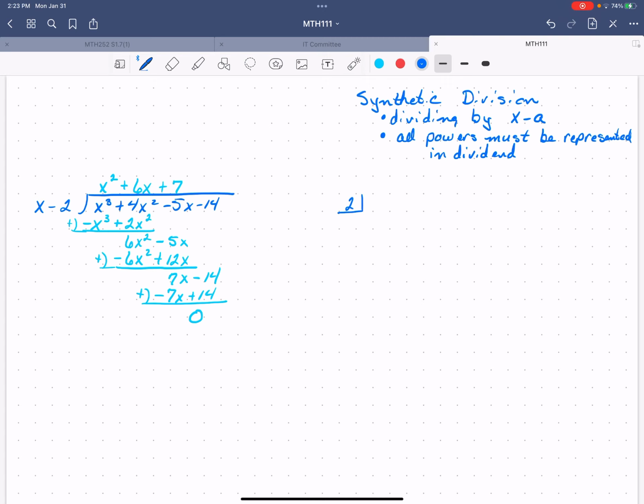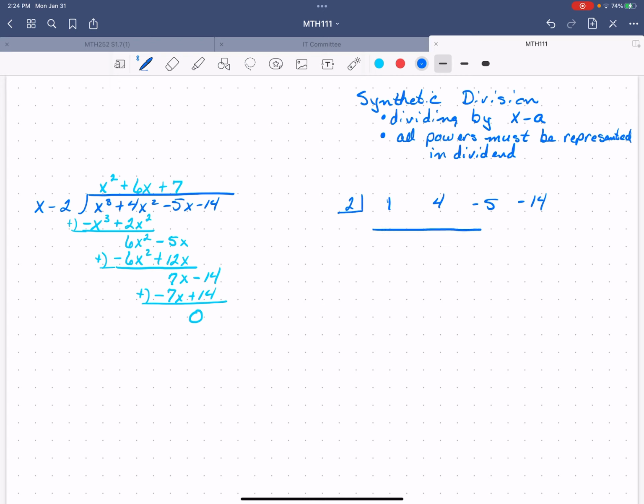And now I think about my x to the third plus 4x squared minus 5x minus 14. But I'm only going to keep the coefficients. So I've got a 1, a 4, a negative 5, and a negative 14.